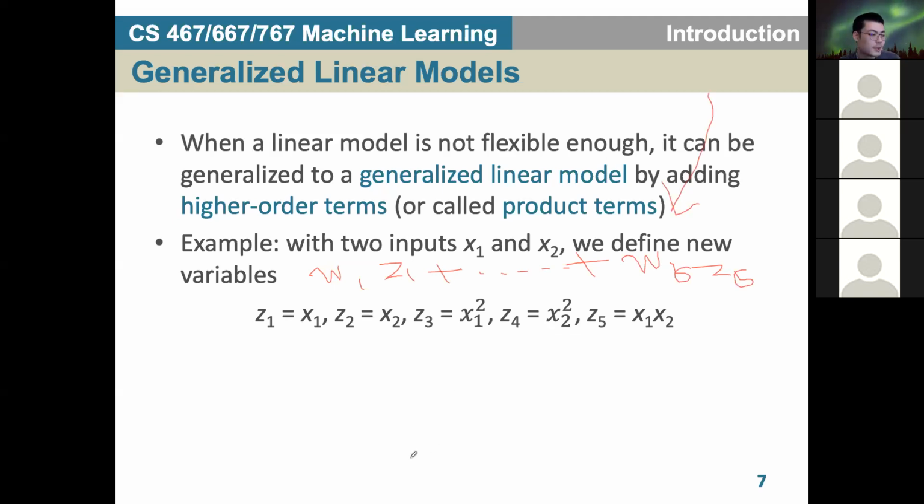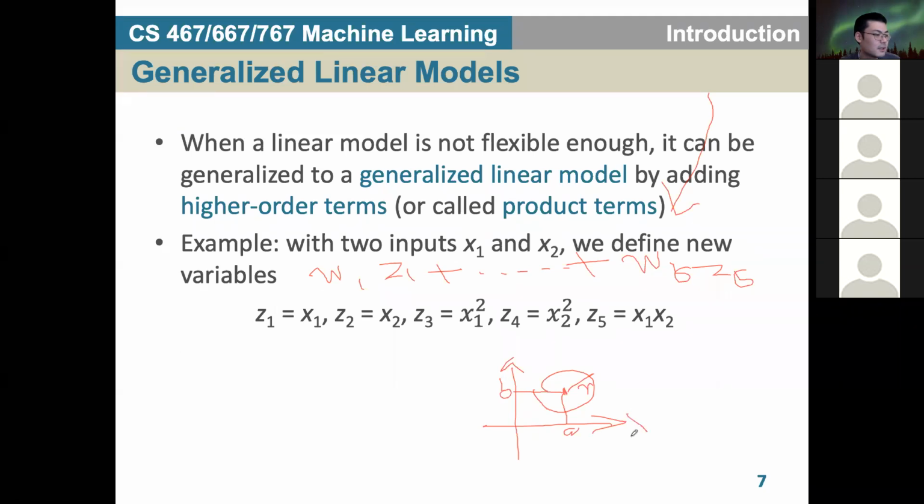Let's take a look at a particular example. Just think about a circle. Let's say the family car belongs to this circle, and we have radius R. We know this is A, this is B. This circle can be described, from high school mathematics, using X1, X2.